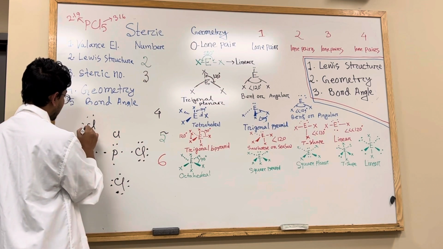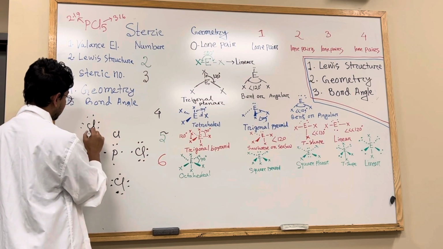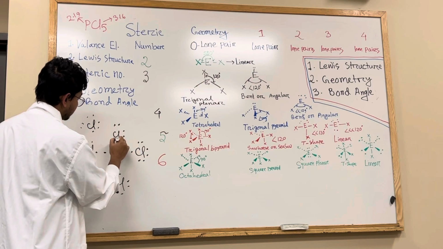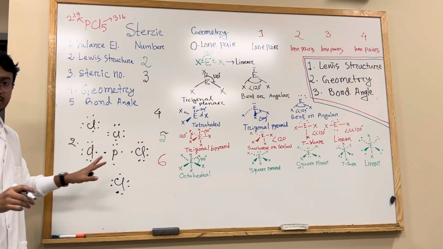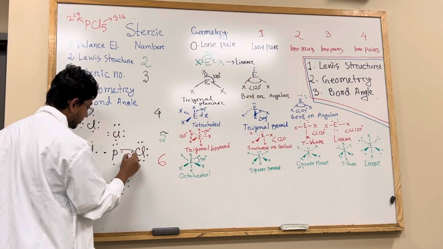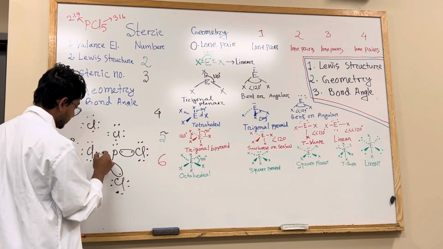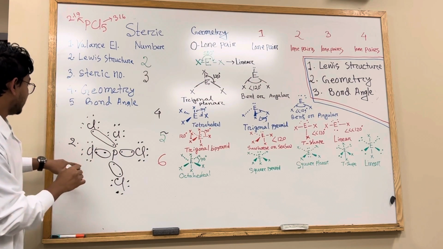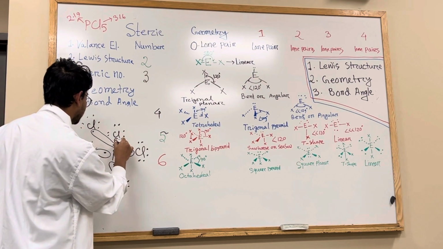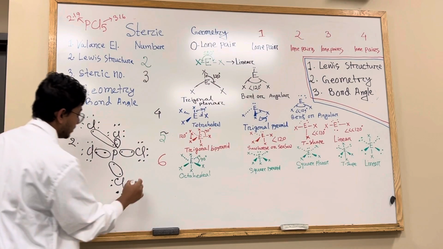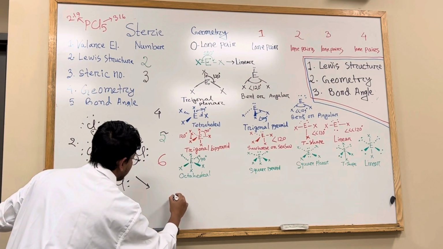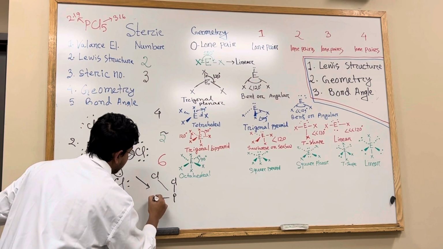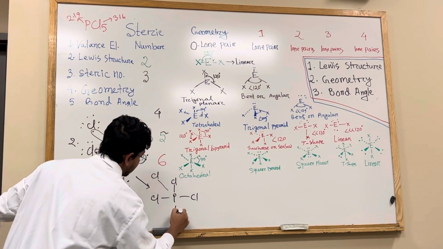Then I will make the bonds with phosphorus, and this one also has 7. So now I'll make the bonds between them, here, here, here, here, and also here. If I redraw it, the structure will be phosphorus with five chlorines.